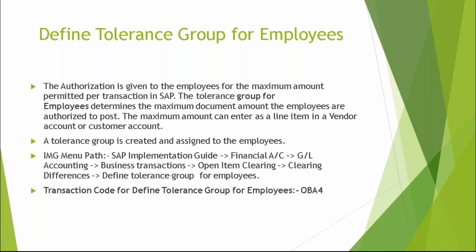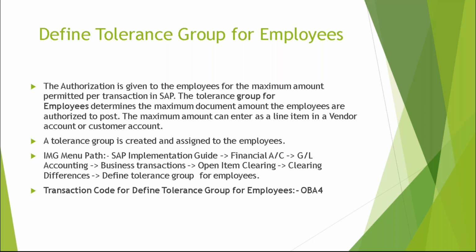The authorization is given to the employees for the maximum amount permitted per transaction. The tolerance group for employees determines the maximum document amount employees are authorized to post, and the maximum amount they can enter as a line item in the vendor account or customer account.